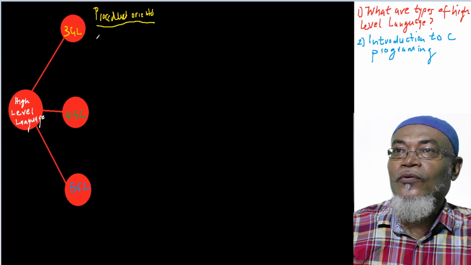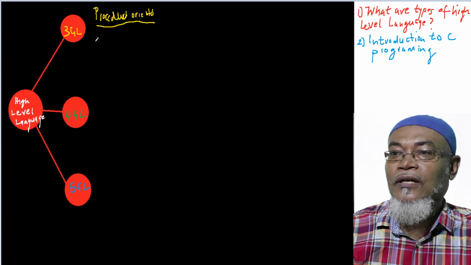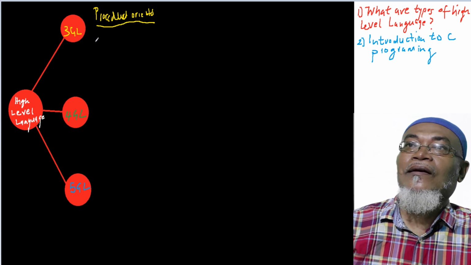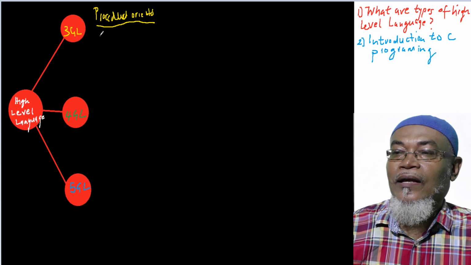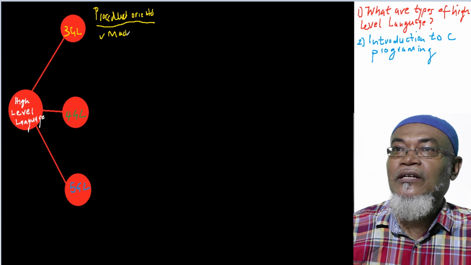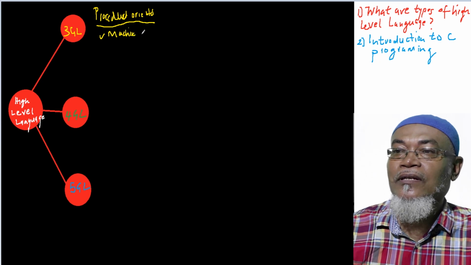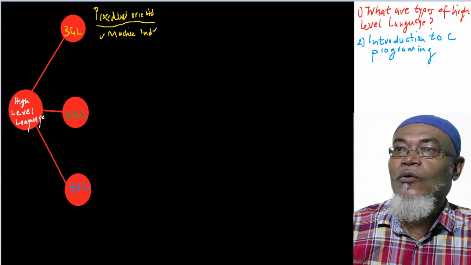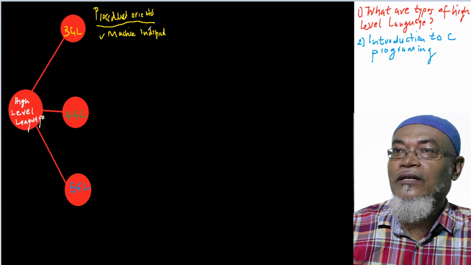The procedural oriented programming language, as we discussed earlier, has machine independency. By machine independent, we mean that a program or a language can be written on any architecture of a computer.